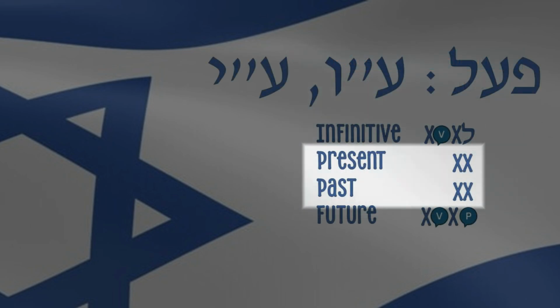The present and the past tense have just a single a vowel in between the first and the last shoresh letter in the third person singular masculine form. So for all those verbs, we have shar, ratz, rav, ba, sam. So for the third person singular masculine, it's ambiguous as to whether you're talking about the present tense or the past tense.